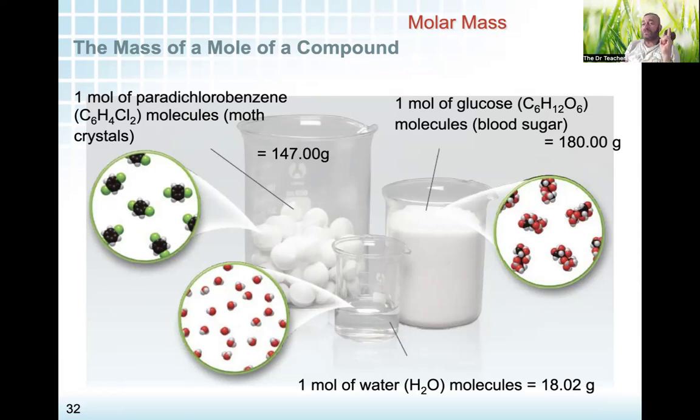This is 1 mole. 1 mole contains 6 carbon, 12 hydrogen, 6 oxygen. Their atomic weights, I have to calculate, will be in total 180 grams. And this belongs to 1 mole of glucose.